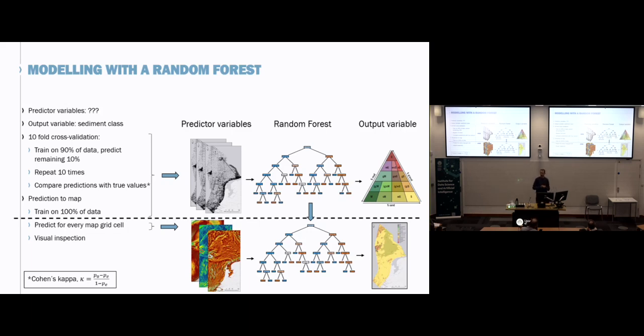First, the validation coming from cross-validation. We did a 10-fold cross-validation and calculated the kappa coefficient, which is like accuracy, the higher the better, but really suitable for imbalanced classes. And then we will be looking at maps to see, do we see some geology in the maps?